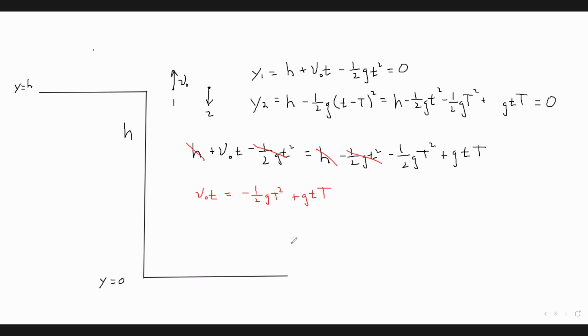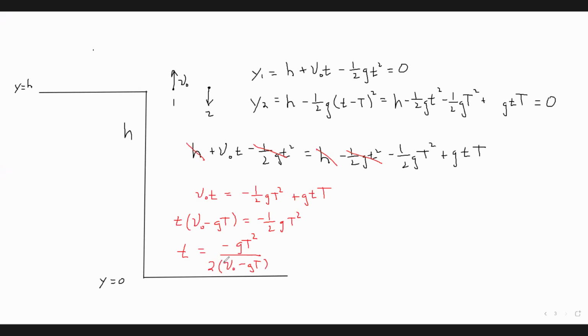So let's rewrite this as little t times (v0 minus g capital T) equals minus g capital T squared, so that the time can be written this way: minus g capital T squared divided by v0 minus g capital T, and I always forget the 2.